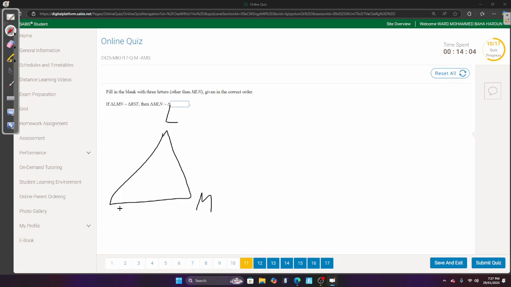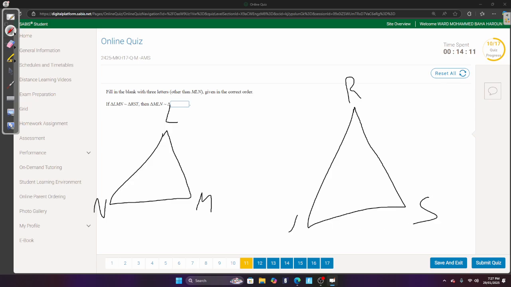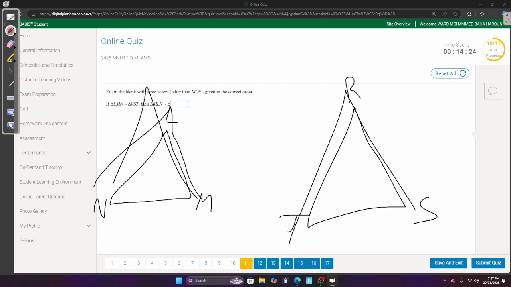Sorry, my handwriting is not neat. R, S, T. If L, M, N is equal to R, S, T, then angle M, L, N is equal to S, R, T. See, what am I doing?